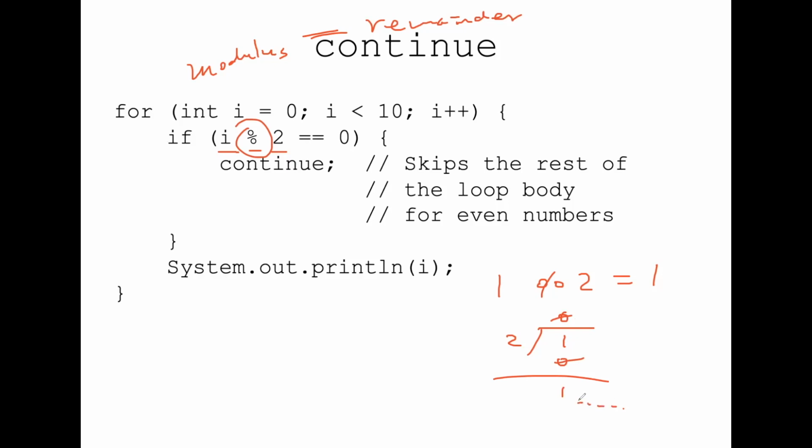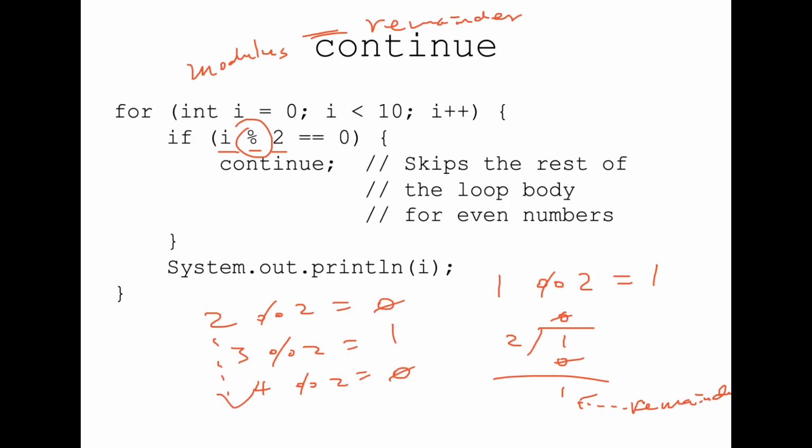This is your remainder. On the other hand, 2 mod 2 will give you 0. 3 mod 2 will give you 1. 4 mod 2 will give you 0. You can see the pattern. As long as you have an even number as the numerator, your modulus is always going to be 0.